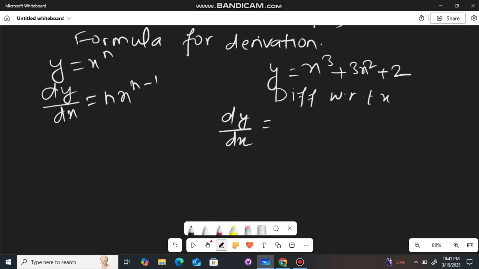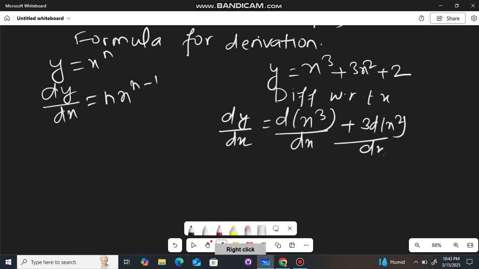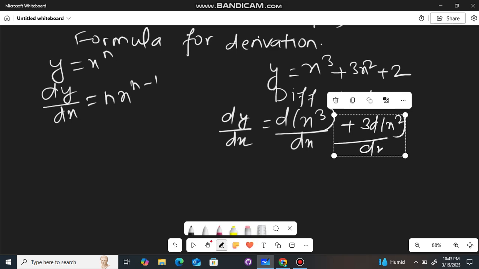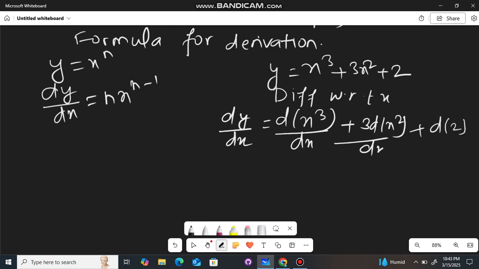As we know, the constants cannot be differentiated, but the variables can be differentiated. So this will be d(x cube) upon dx plus 3 taken as constant, d(x square) upon dx, then plus d(2) upon dx.